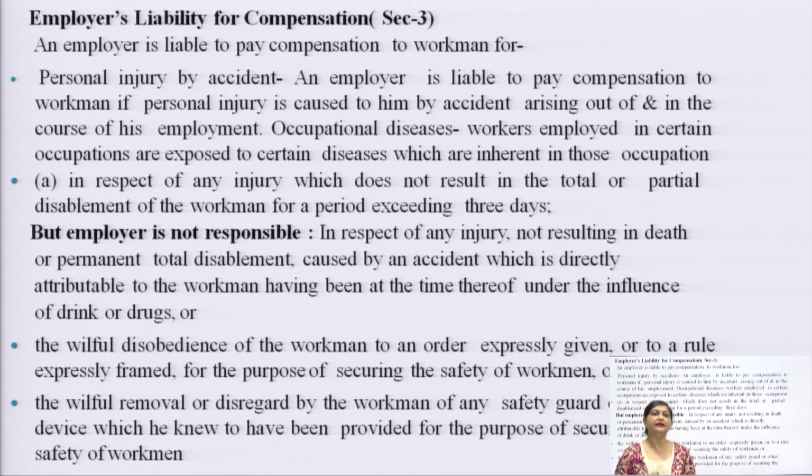If any accident occurs while the employee is under the influence of drink or drugs, then he will not be eligible for compensation under the Act. Also, the willful disobedience of the workman to an order expressly given, or to a rule expressly framed for the purpose of securing the safety of workmen.